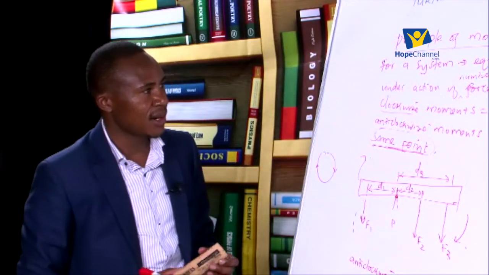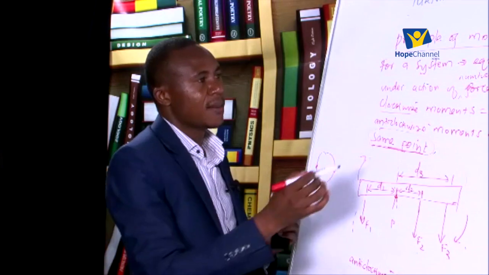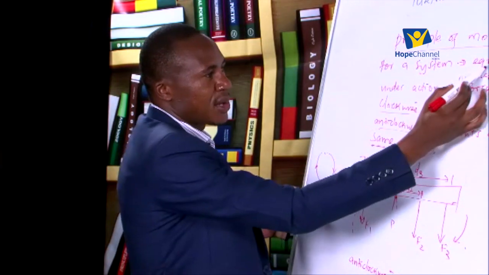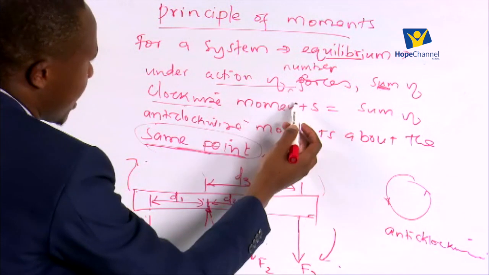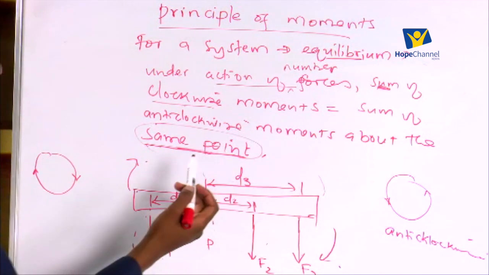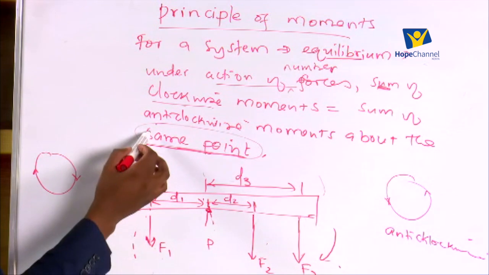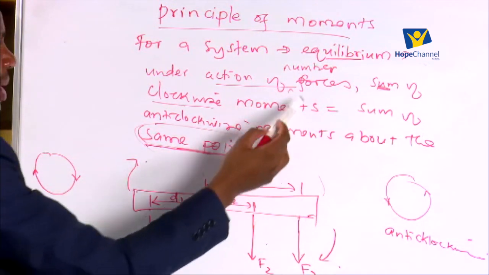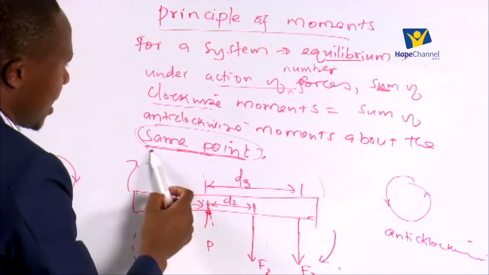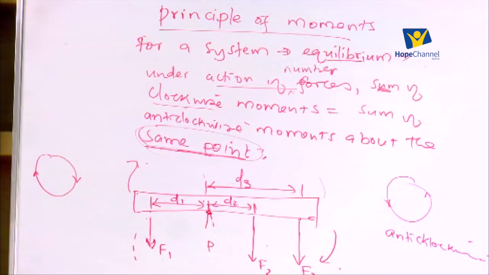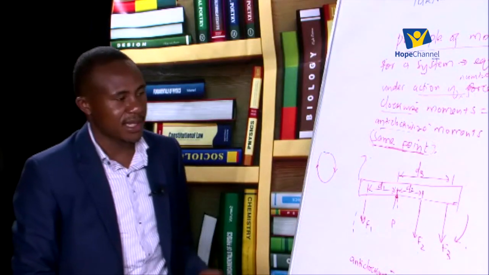When you are giving that principle, the key points are a system which is in equilibrium, under action of a number of forces, the sum of clockwise moments will be equal to the sum of anti-clockwise moments about the same point. These three things must always appear: equilibrium, a number of forces, about the same point. That is when we talk of the principle of moments.